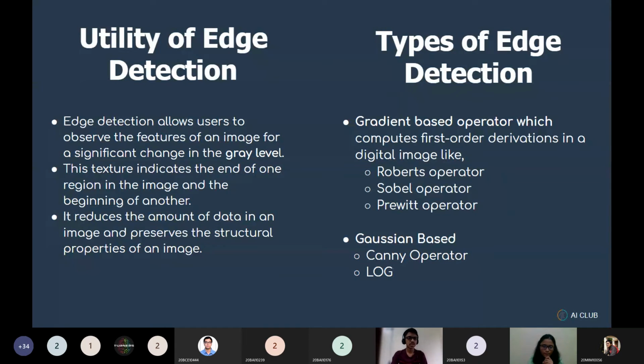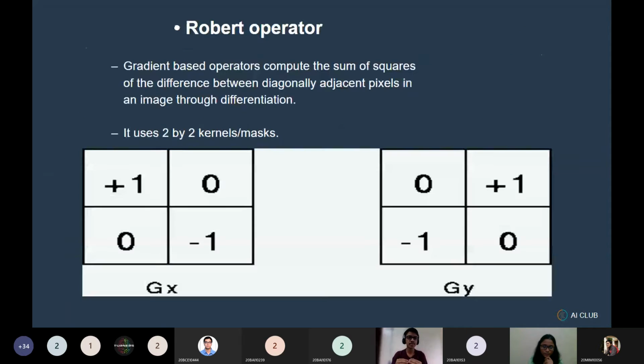Okay, so while the slide loads, Roberts gives us a diagonal edge, then Prewitt and Sobel will give you horizontal and vertical. As we see, the Roberts operator has a 2 by 2 kernel or mask that has been covered by Pranav very beautifully earlier. If you observe, the diagonal pixels of the mask, named Gx and Gy over here, will give you the output of your diagonal edge, either a right diagonal or a left diagonal edge.